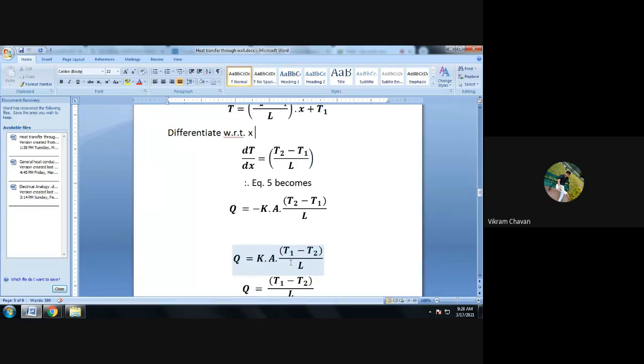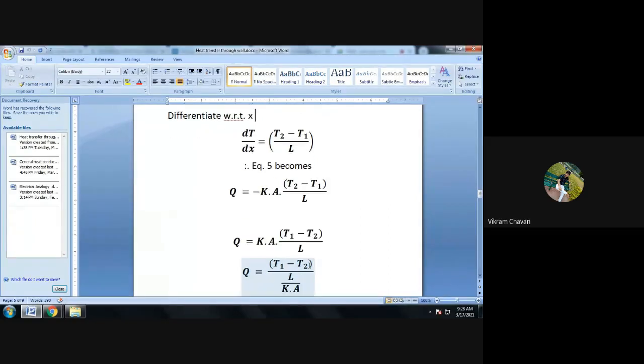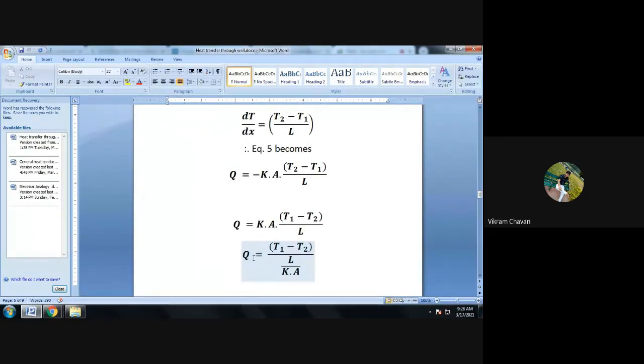Next, we have to rearrange this equation without changing its significance. Just transfer K multiplied by A to the denominator side.